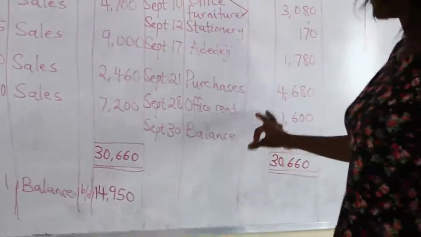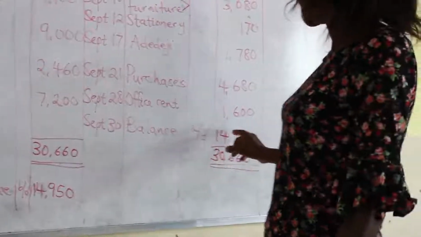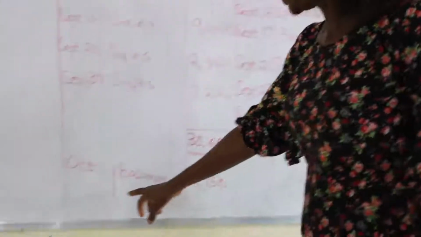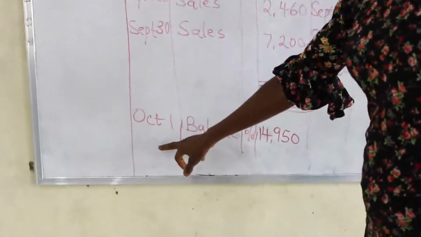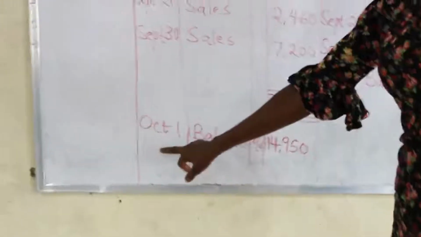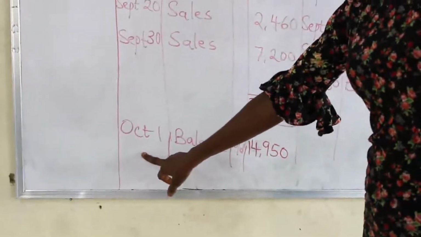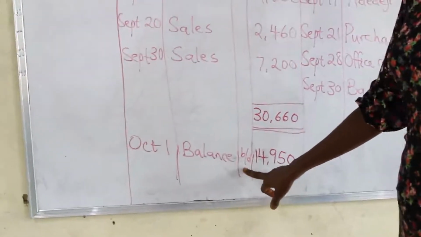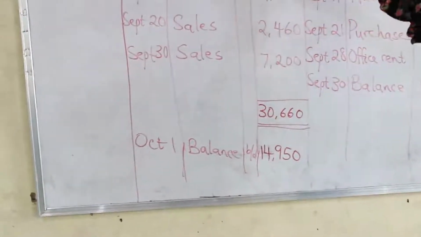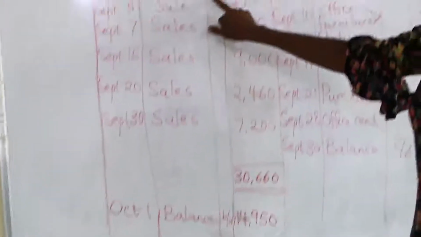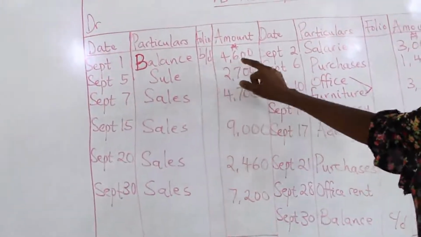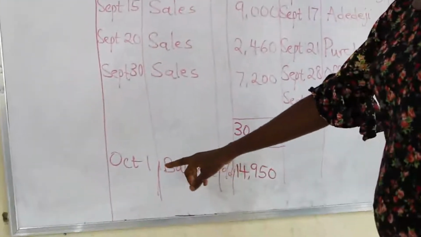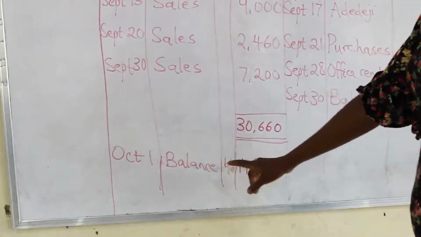So our balance carried down for September 30, which is 14,950 naira, will be posted on the debit side of the cash book on the first day of October 2016 as our balance brought down for the month of October. Just as we had a balance brought down on the first day of September 2016 to be 4,600 naira, the month of October 2016 was started with a balance of 14,950.